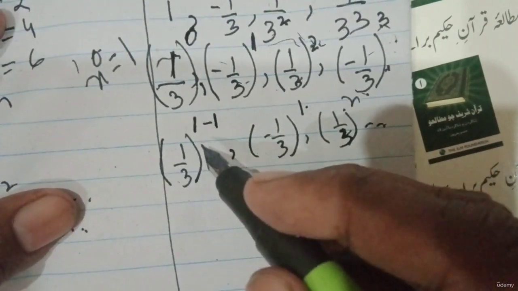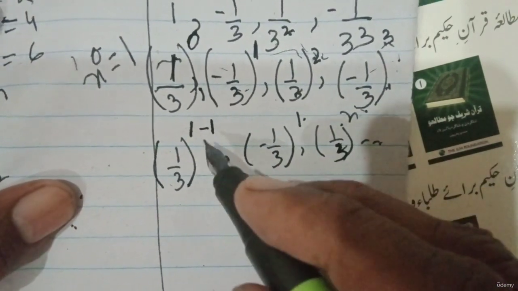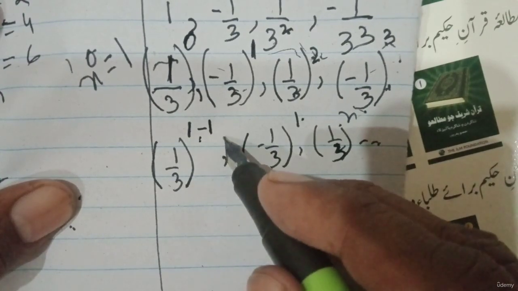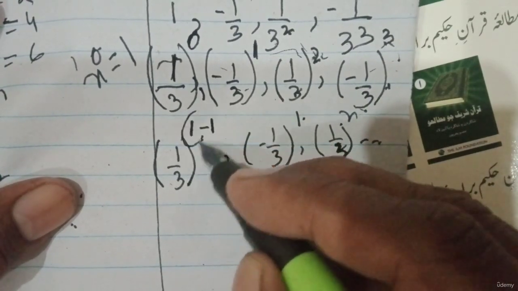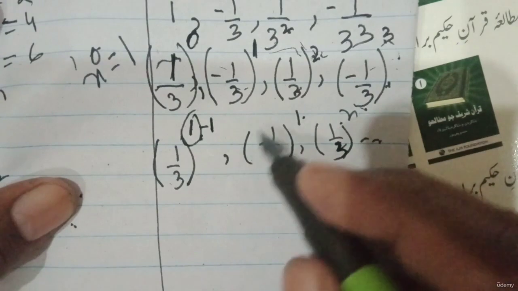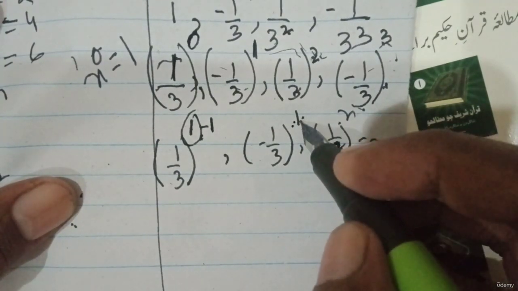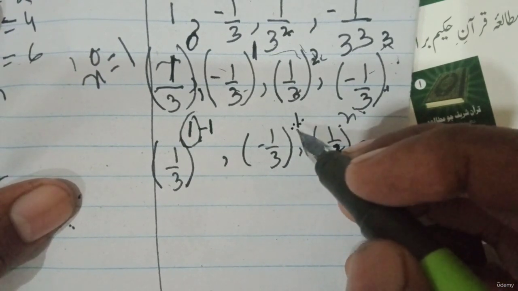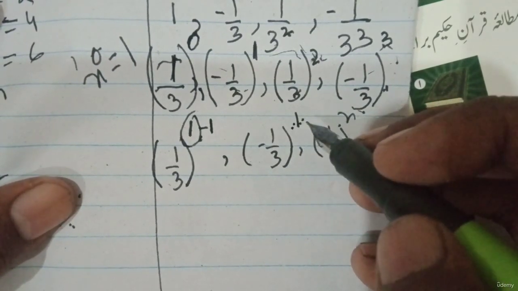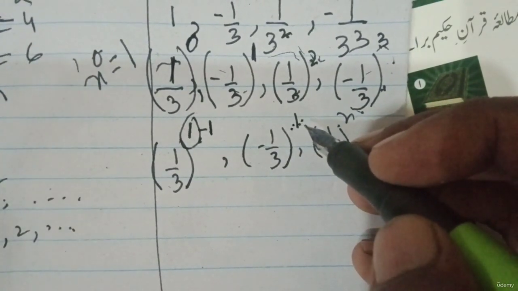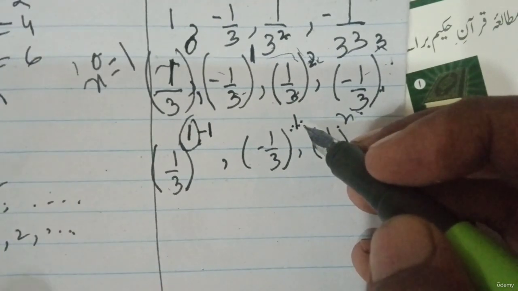Now what will be your 1, 2, 3? You can see that it is n minus 1, because this n you have to take as n. And what about here? If you take n, there is only a 1. So what will be the answer here? Maybe the answer is 0 or something. Then what will we do? What will be our answer?